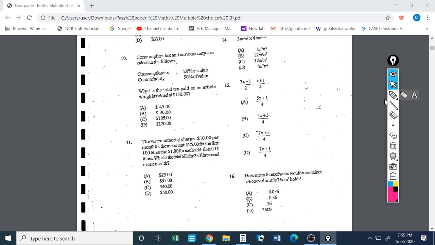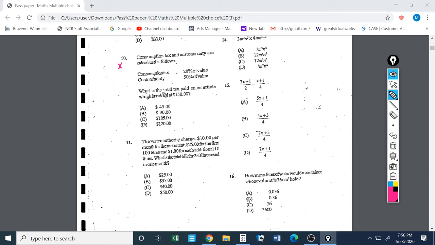And number 10 here, it's an interesting question about taxes. And this is really how it happens in Jamaica. So it says here, consumption tax and customs duty are calculated as follows. Consumption tax is 20% of value and customs duty is 50% of value.